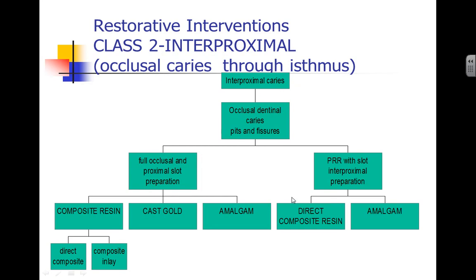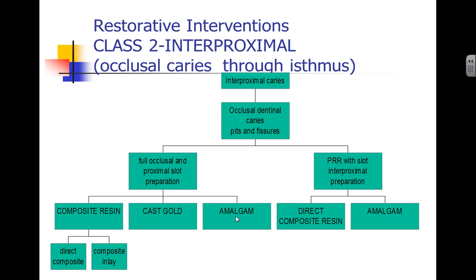So we're looking at class 2 interproximal caries with occlusal pit and fissure caries that's into the dentin. Our consideration could be a full occlusal preparation and a proximal slot preparation that are joined together to give us a composite resin, either as a direct composite or a composite inlay. We can do a cast gold inlay. We can do an amalgam restoration.